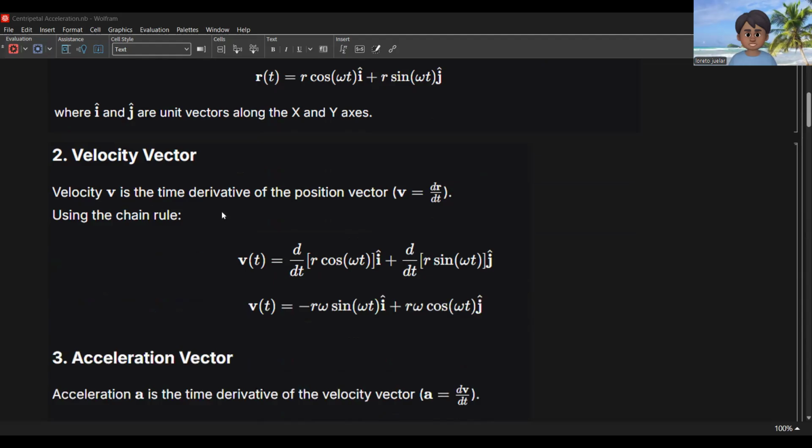Now the velocity vector. The velocity v is the time derivative of the position vector, v equals dr over dt.